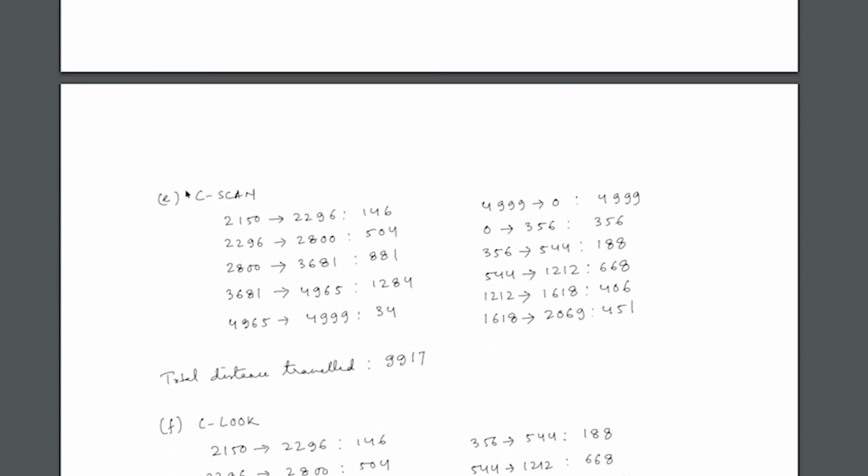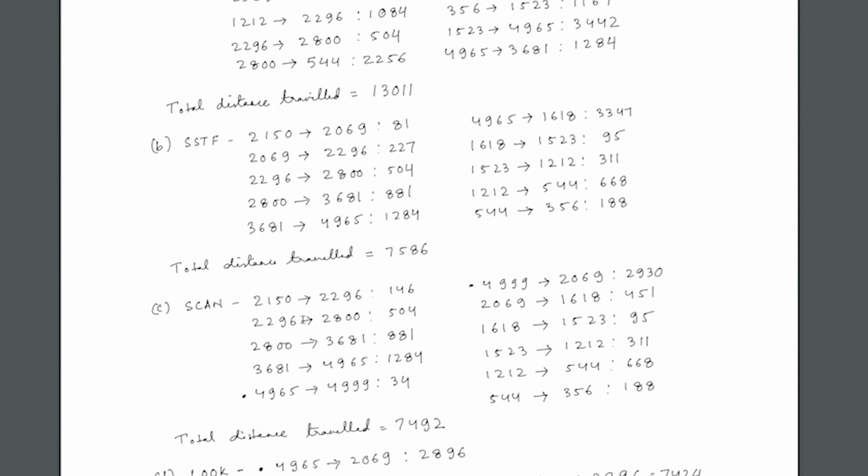Now let's go to the C-SCAN algorithm. The difference between SCAN and C-SCAN is that in SCAN, when you reverse direction at 4999, while coming back you take care of all the requests on your way. At the right side, when you reverse your direction and go to the left side, anything that comes in your way is serviced. That is why it first went to 2069 and then to the smaller number and so on.